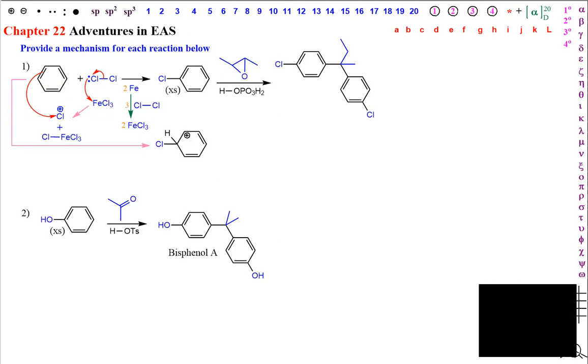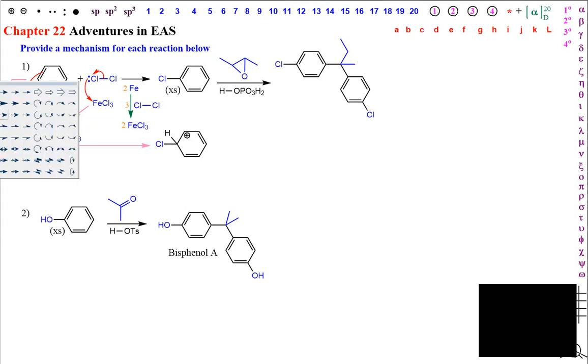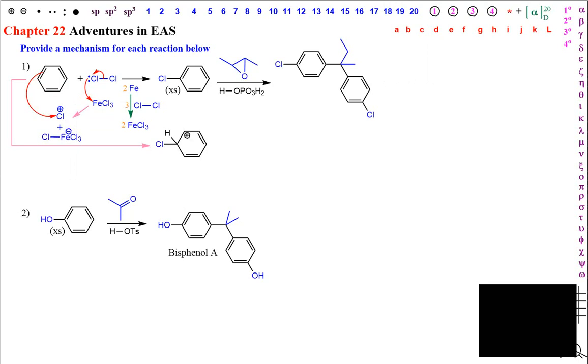I just noticed I mentioned a complex ion and forgot to put the ion on it. That complex ion will provide a chloride that will take the proton off of our intermediate here. Let's see if this looks good.